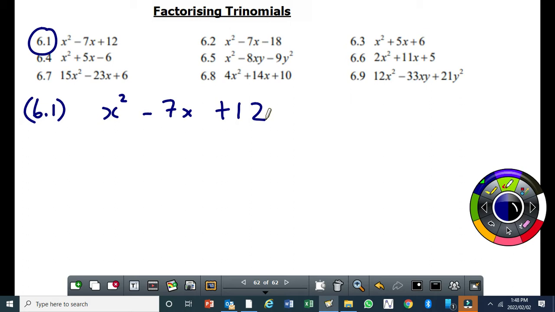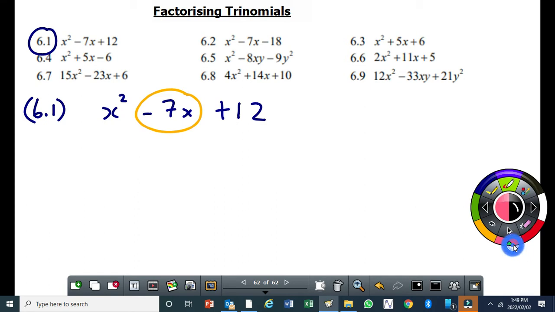Now I want you to put your pen down and just pay attention to how I'm going to factorize it. When you are factorizing a trinomial, the middle term depends on the correct combination of factors of the first term and the last term.